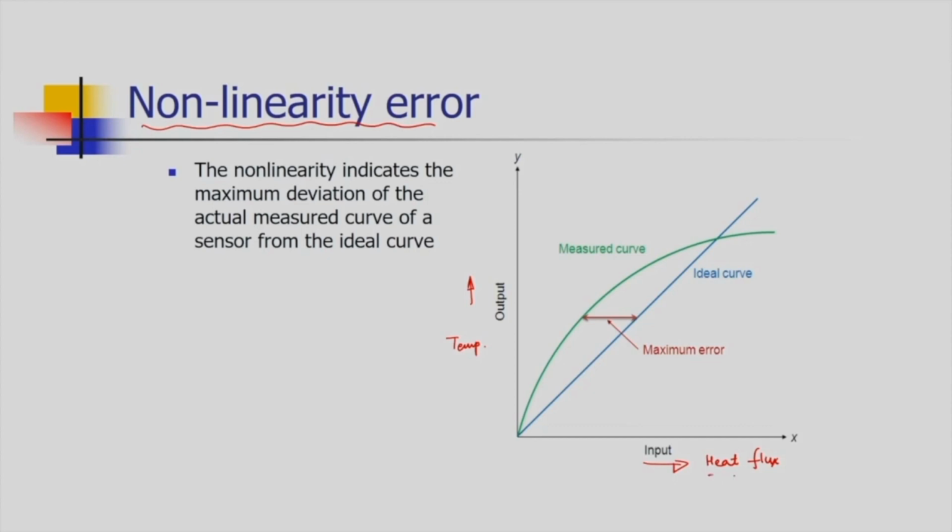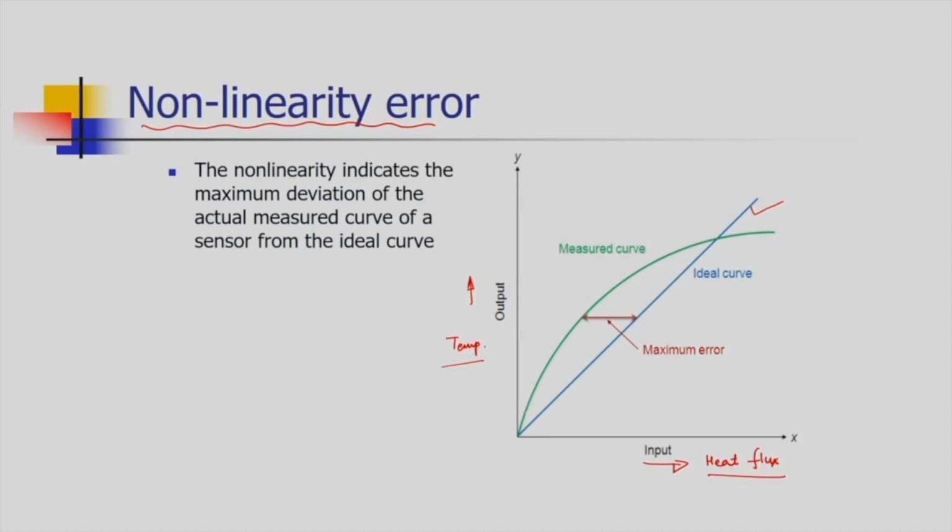As we increase the heat flux, there is an increase in temperature. A sensor is designed, and ideally the sensor should give a linear relationship. So, the heat flux has a linear relationship with the temperature. This is the ideal curve, based on which the sensor is designed.